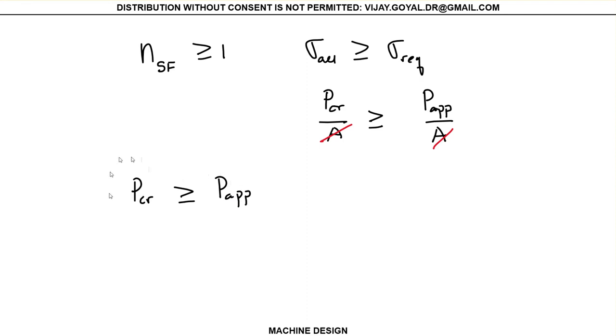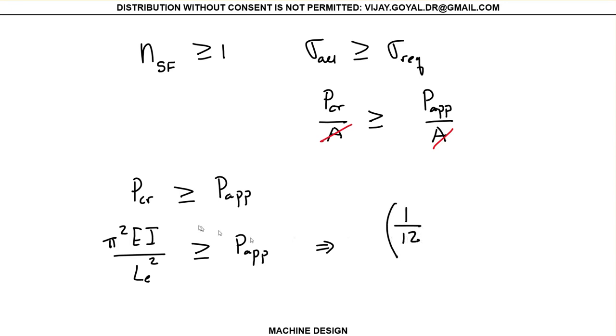Now P critical using Euler's equation gives you this equation right here, pi squared EI over LE squared has to be bigger or equal than P applied. Further expanding this equation, replacing the value of your moment of inertia, you find this is b h cubed over 12 times pi squared E over LE squared, bigger or equal than P applied.